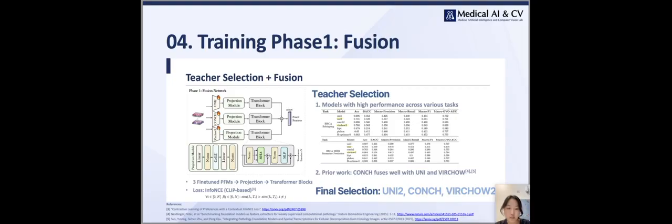Teacher model selection was guided by both prior research as well as our internal evaluation results, leading to Virchow 2, UNI 2, and CONCH as a final step. The fusion module was implemented as a lightweight transformer encoder and trained using an InfoNCE contrastive loss.